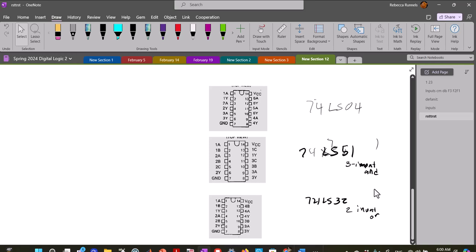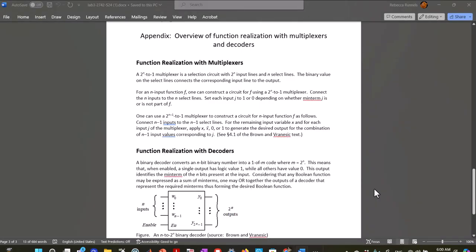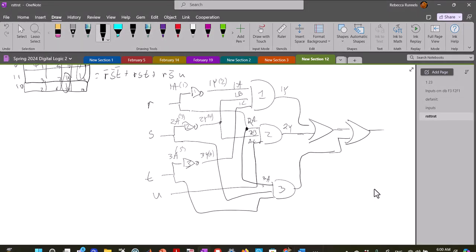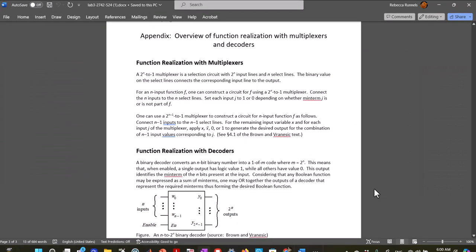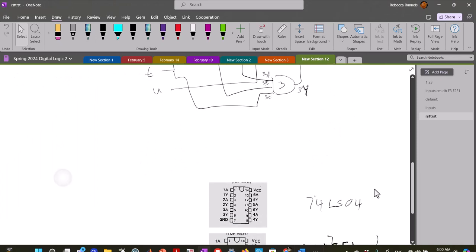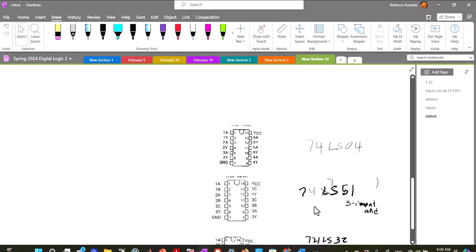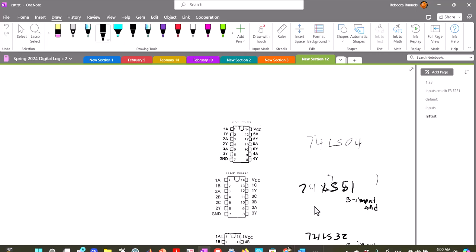So there's our inverter. And then for our 3-input AND gate, it's 1A, 1B, and 1C with output 1Y. 1A is pin 1, 1B is 2, and 1C is 13.